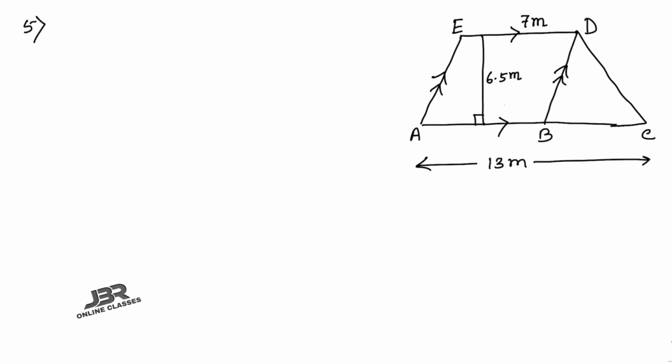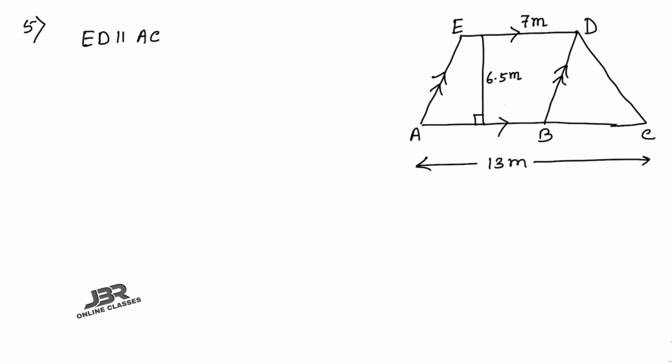From the adjoining diagram, calculate the area of the trapezium ACDE. To find the area of the trapezium, first you have to find the length of the parallel sides. So here ED is parallel with AC. ED equals 7, AC equals 13.